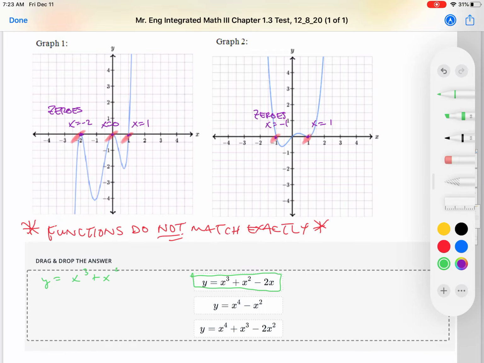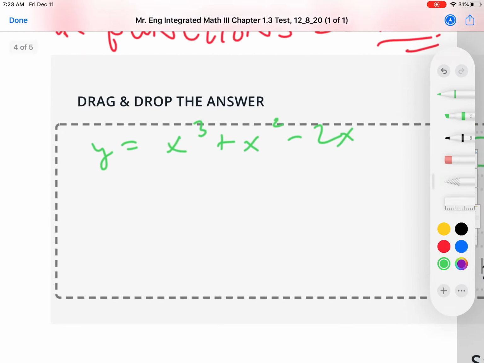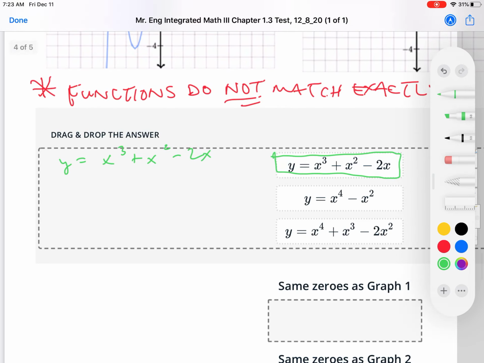Rewriting the problem. Okay, so if I factor out a GCF of an x, because they each have an x, then I'm left with x squared plus x minus 2. And then here in yellow, I can factor it.